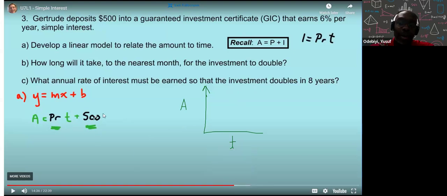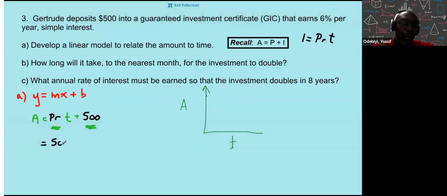You can see this whole thing is PRT, but we're only going to look at the P times R. Well, we know the principal is 500. We know the rate of interest is 6%.